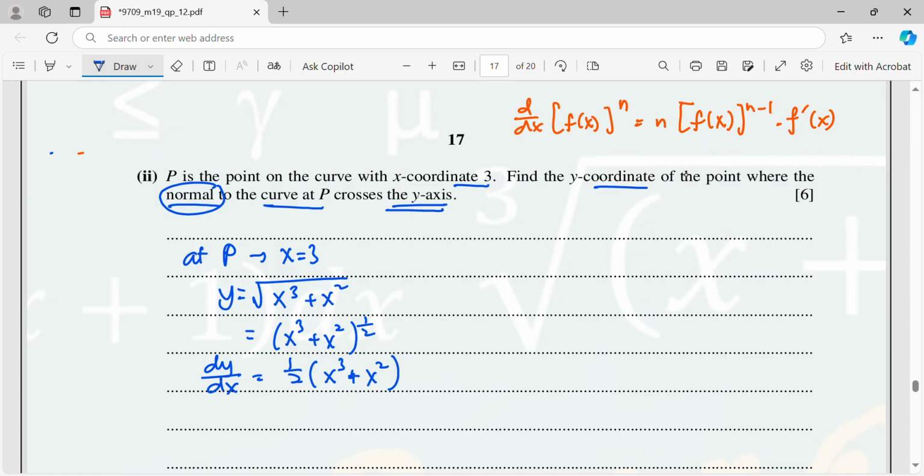Now the power becomes half minus 1, that is minus half. And differentiate x cubed, 3x squared. Differentiate x squared, plus 2x. And now I simplify the negative power, I move it down. Then I will be getting 3x squared plus 2x in my numerator. And the denominator is 2 square root x cubed plus x squared.